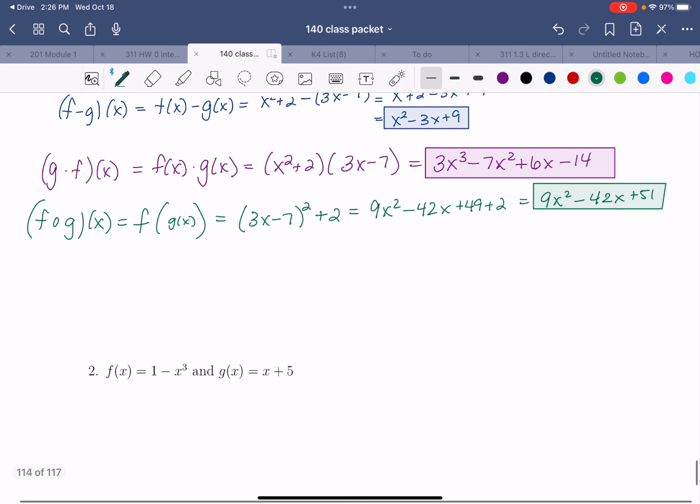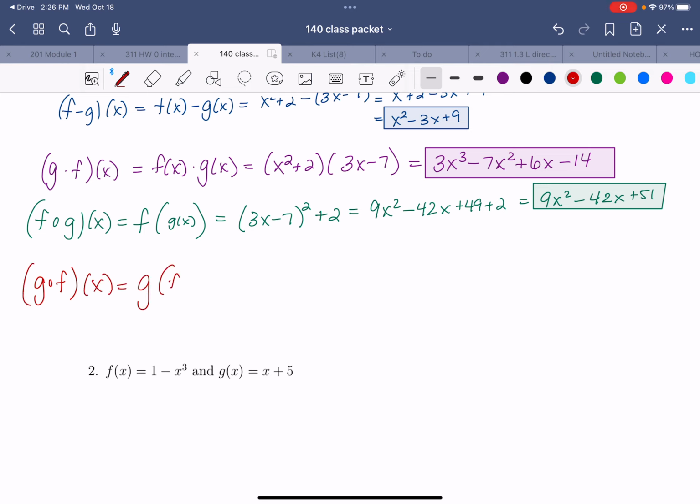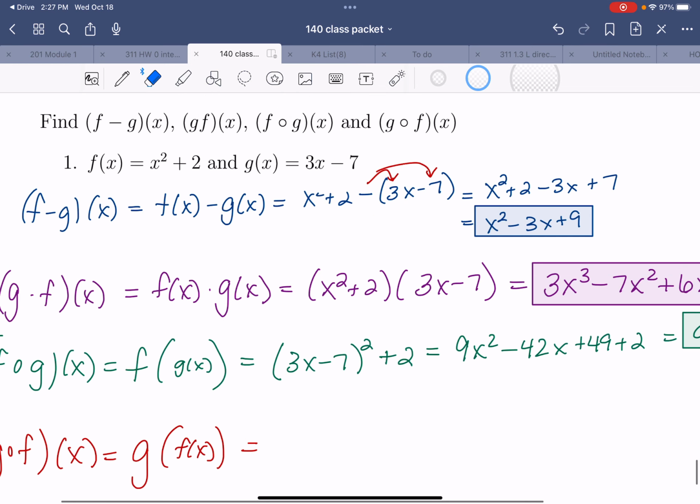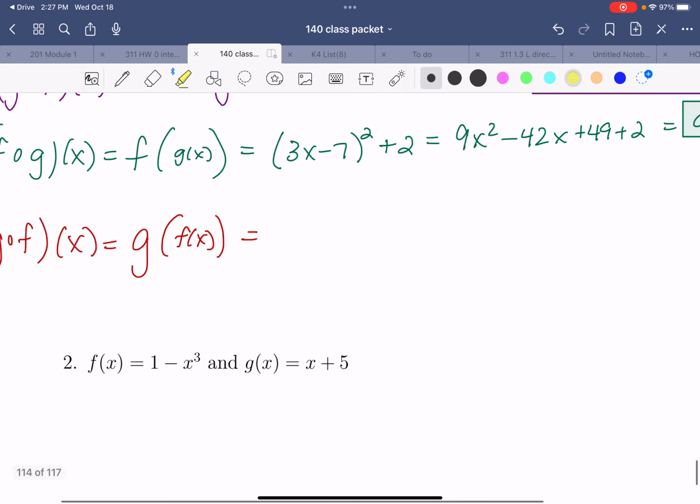And then the last one we're going to do is we are going to switch the order on a composition. So we're going to do G of F. So that's G with a little F of X inside it. And what that means is I'm going to switch my ordering here. So this time I'm going to take F and I'm going to put it into the X for G. So I'm going to replace the X behind the 3 with the x squared plus 2.